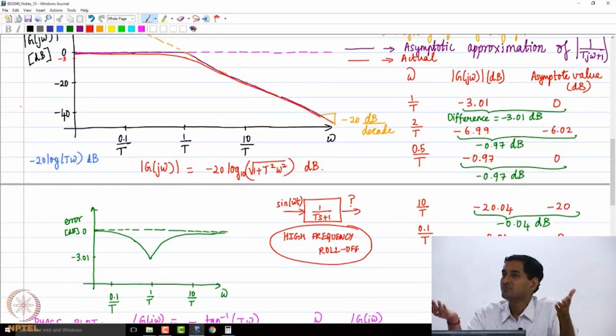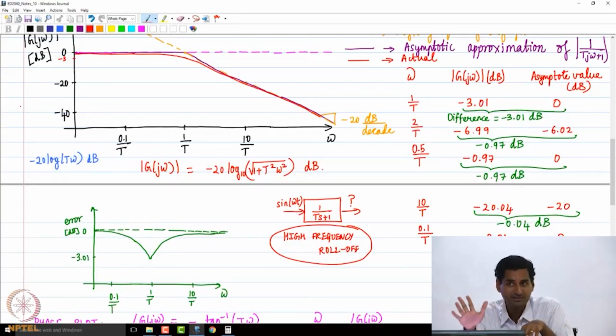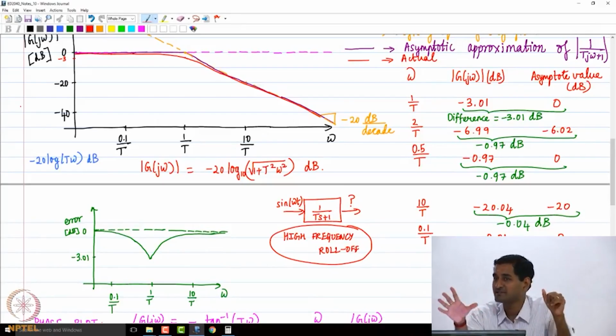So if you map this term to the transfer function of, let's say, a sensor or an actuator, which you model in practice using this first order term, which is very common by the way, then if you give me the transfer function, I can immediately tell you the bandwidth. Let's say I give you a transfer function for an actuator as 1 by 0.1 s plus 1.